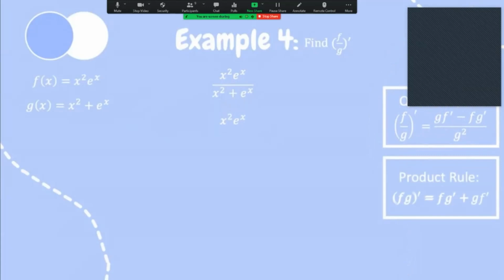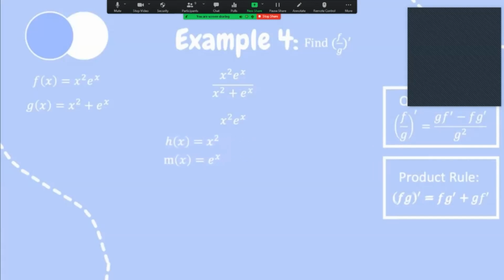So we're going to do the same thing we did for all the other product rule examples, but I'm just going to call them h and m. h of x equals x squared and m of x equals e to the power of x.